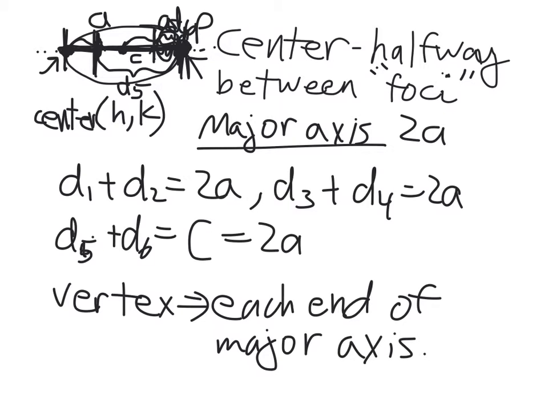So this time the vertex is not the most important point like we saw with the parabola, but we still define those as the ends of the major axis. So we'll be able to help define some of these values a little bit better using that.